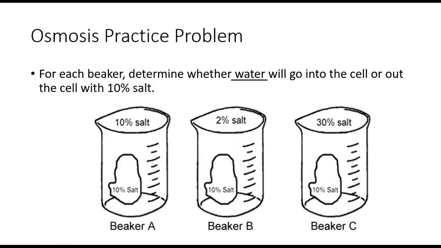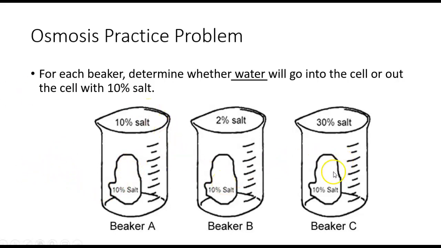Okay, now that you've had some time after pausing to look at this and solve these problems, you should have realized that if the cell has 10% salt, the other percentage of the cell is made up, in this case, we're going to assume, of 90% water.